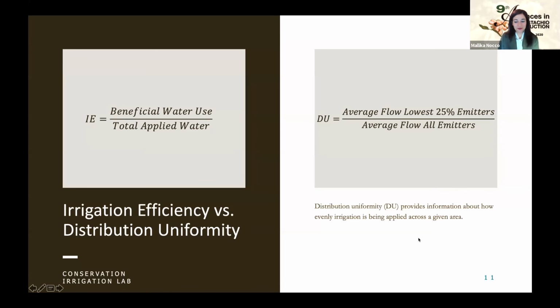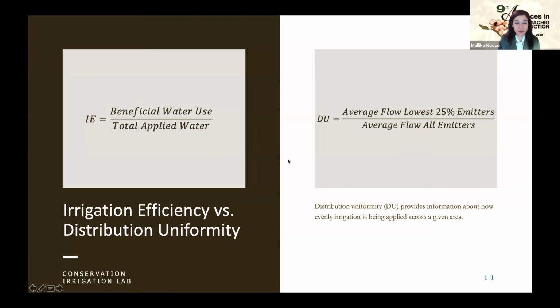Okay, so this is another term that hopefully many have heard, but will become more and more familiar with, which is irrigation efficiency versus distribution uniformity. So once again, I'm going to keep showing you the same equation here, but hopefully it'll be in everyone's head at the end of this. But beneficial water use, total applied water, the whole season.